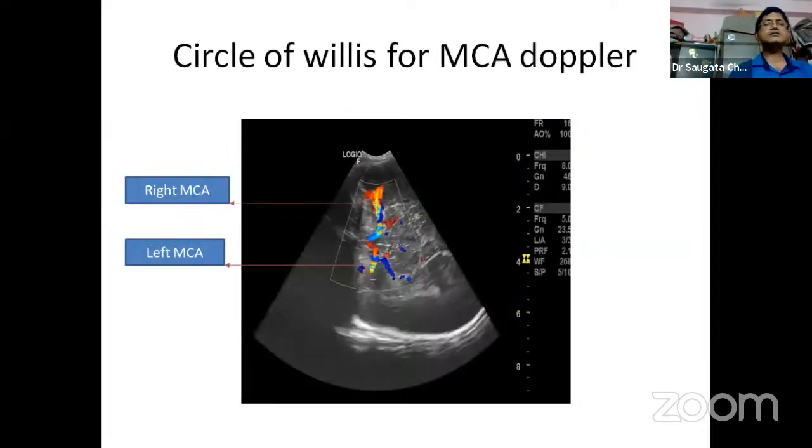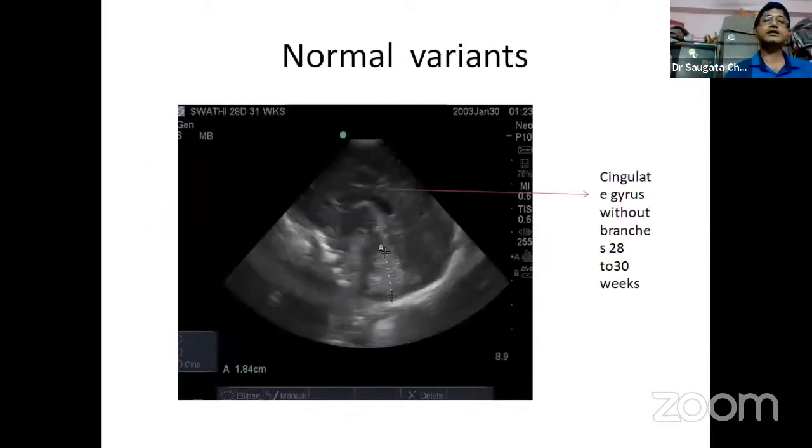So these are the three Doppler views. The circle of Willis we can see in all the views, but with Doppler, the MCA and PCA we will see in the axial view only, whereas in the mid-sagittal area, like the lady in dress view, we will see the ACA, anterior cerebral artery.